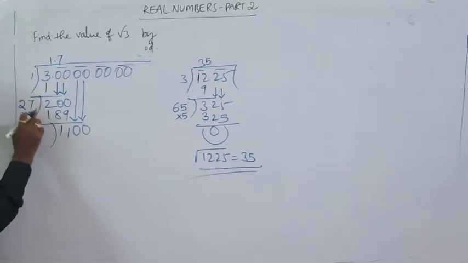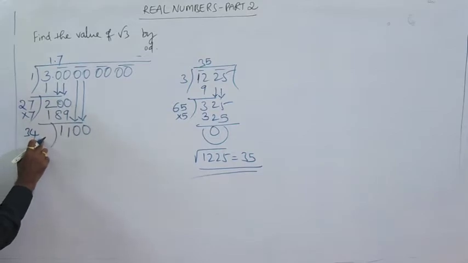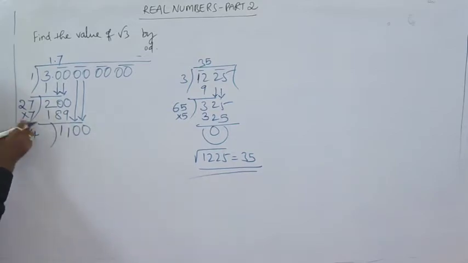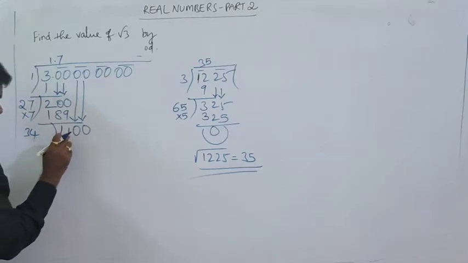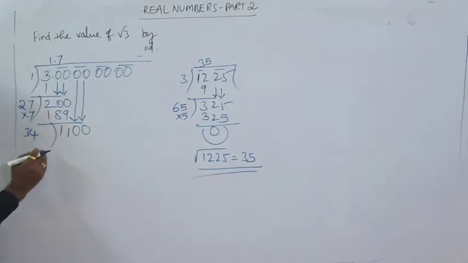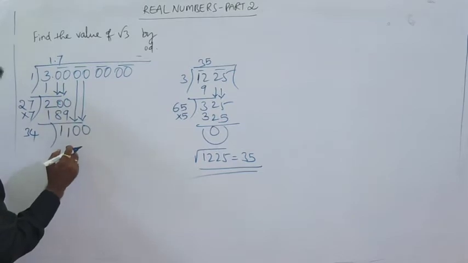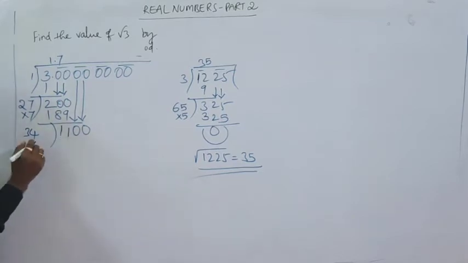Now, same process. I have to consider a digit here, and also multiply with the same digit. Then the product must be either equal to 1100 or very near to 1100, and less than 1100. Okay.